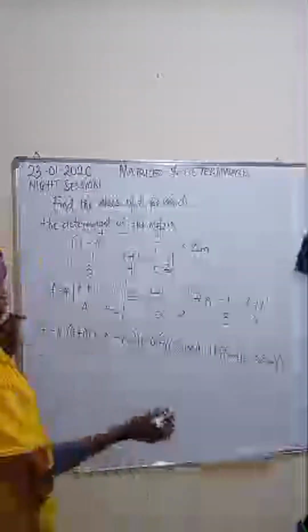Now let's simplify this. We don't need to open this up, because 0 times whatever gives us 0. So this is what we have left.